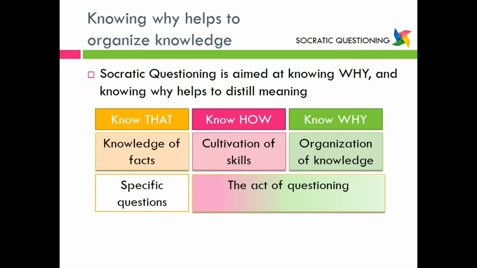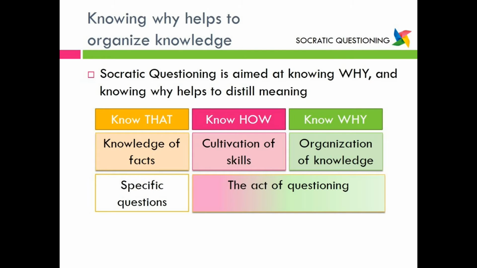And in general, we use closed-end questions to quickly get at the facts. In fact, even open-ended questions that are in pursuit of the facts tend to just have a specific limited character to them. Namely, know that is usually satisfied by a specific answer to a specific question. One question, one answer usually satisfies the thirst for know that.